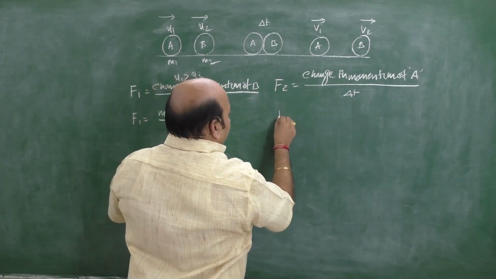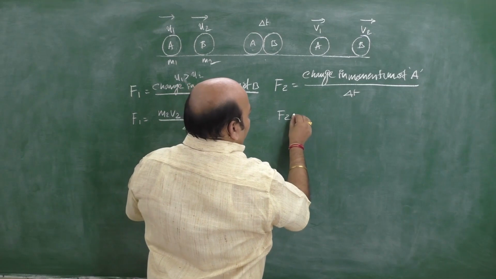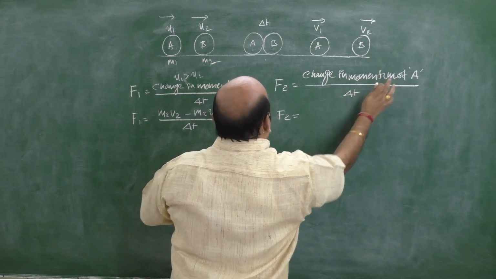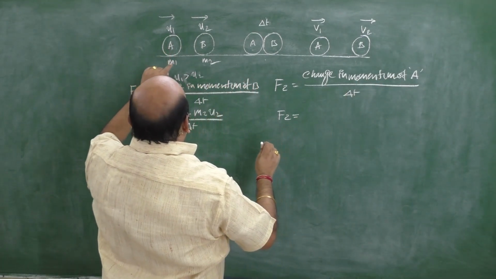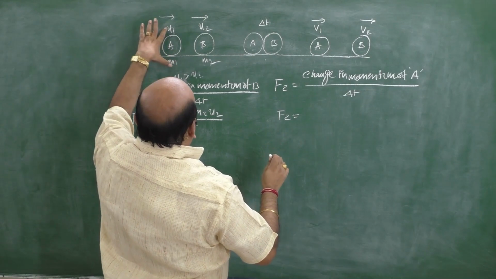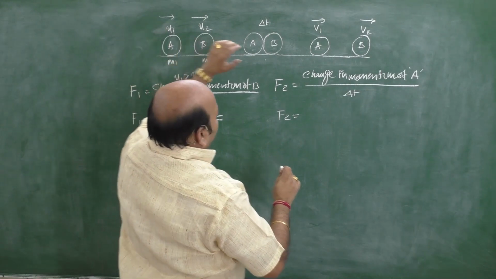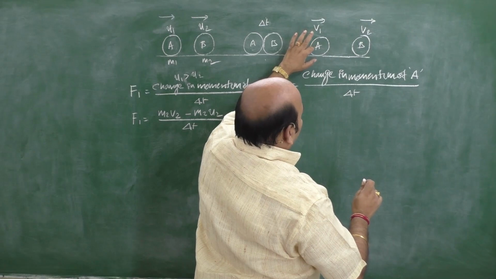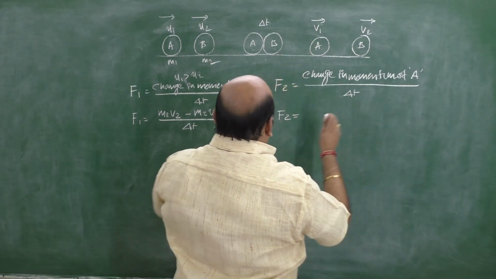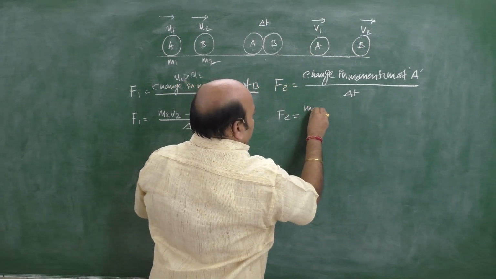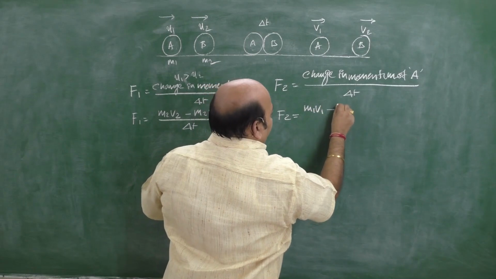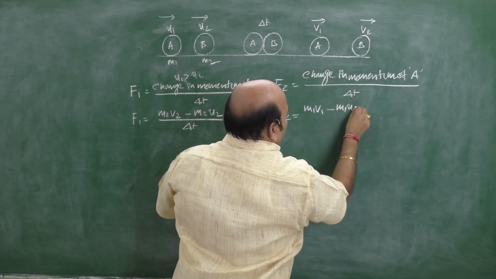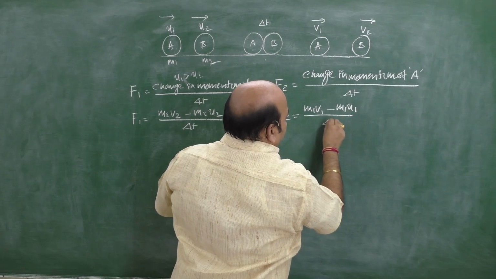This implies F2 is equal to, what is the initial momentum of A? Its mass and velocity, the product m1 u1. What is the final momentum? m1 v1. The change in momentum is m1 v1 minus m1 u1 by delta t.